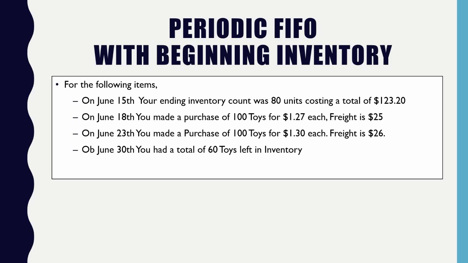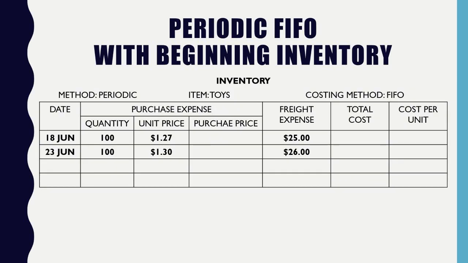So here, our next scenario is that on the 18th of June, we decided to purchase an additional 100 toys, but this time it cost $1.27 with the freight costing $25. So once again, we're going to plug those numbers into our inventory worksheets.